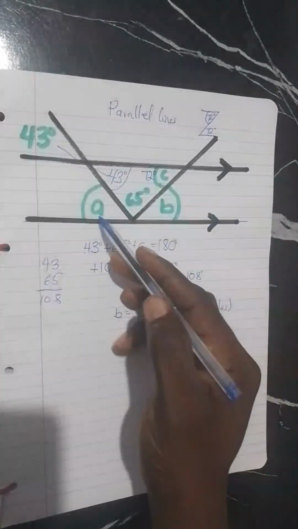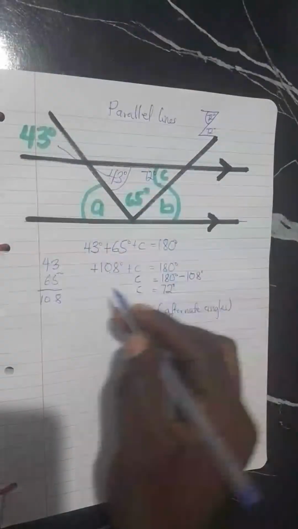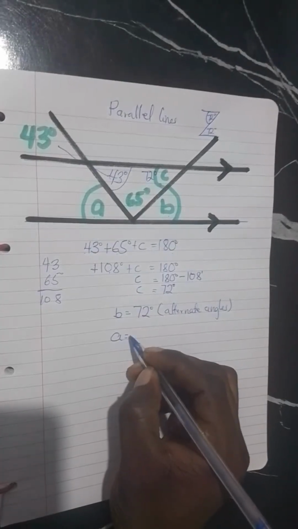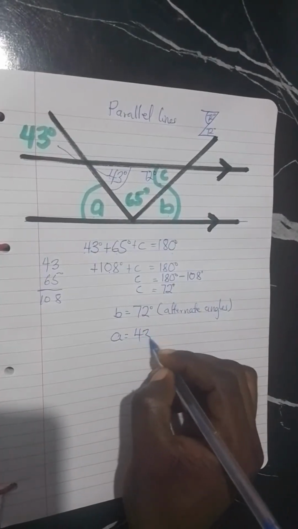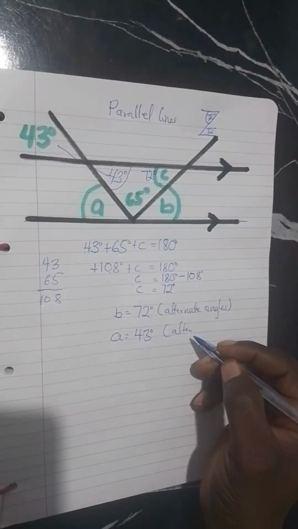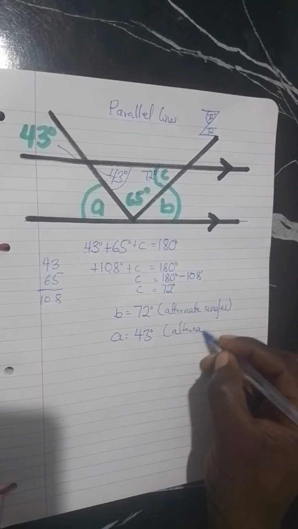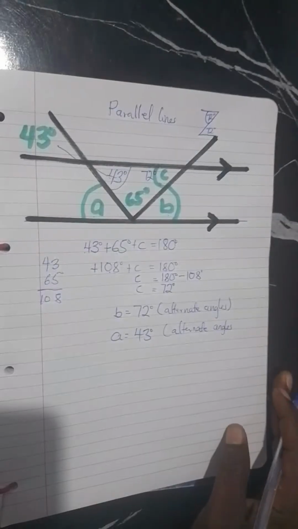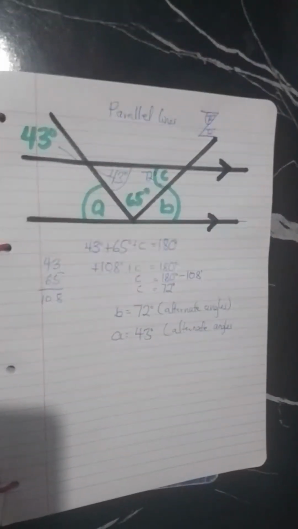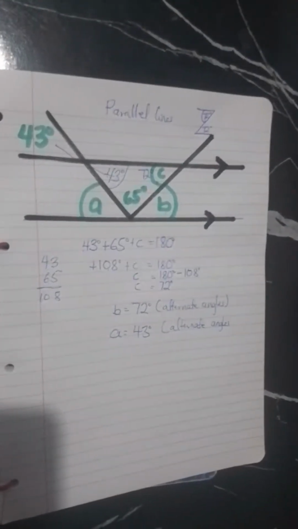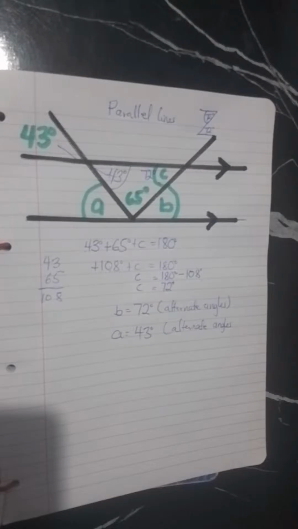Now A also is an alternate angle. So A is equal to 43 degrees. Alternate angles. Right. So this is about parallel lines.